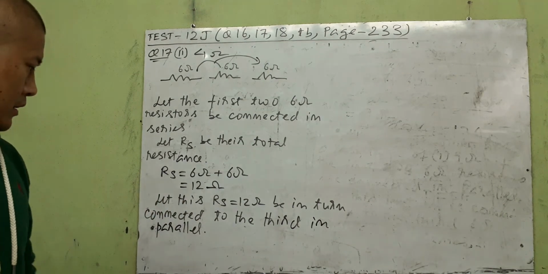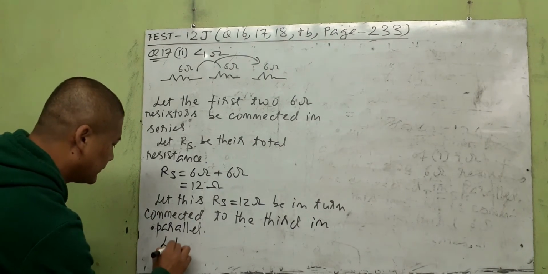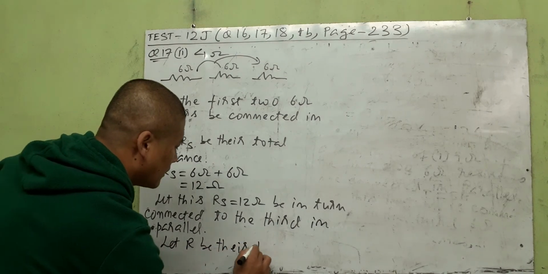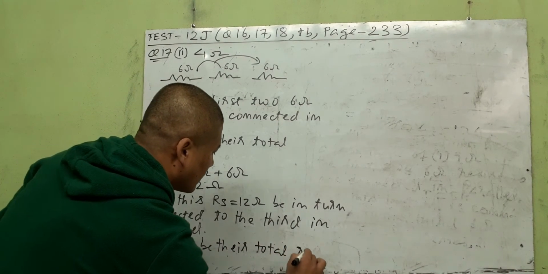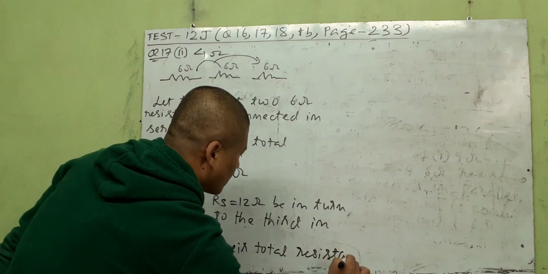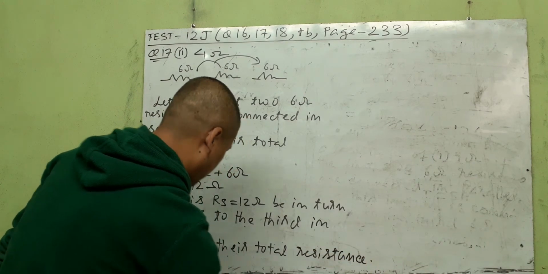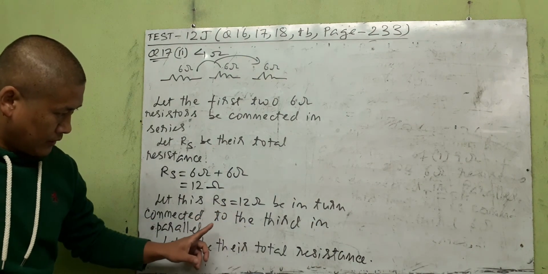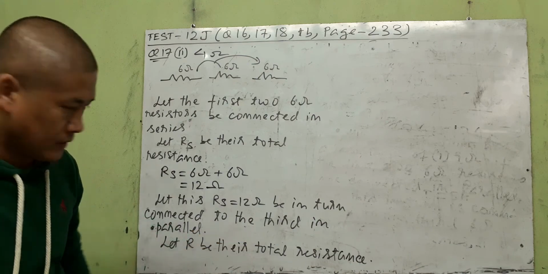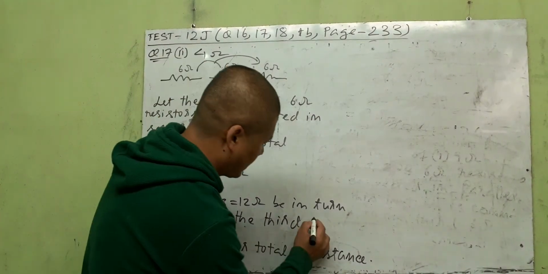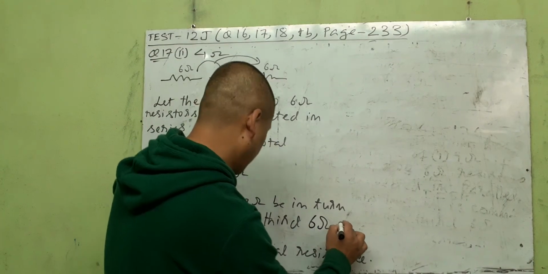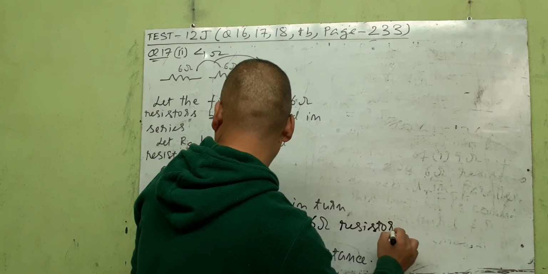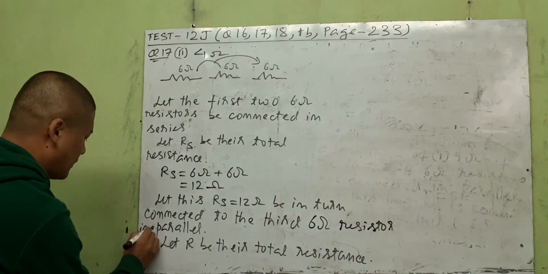Okay, so let us write here, let R be their total resistance. Total resistance of RS equal to 12 and the third 6 ohm resistor in parallel.